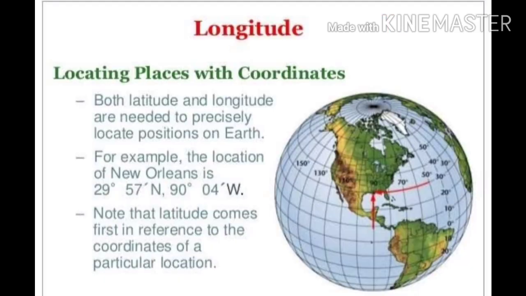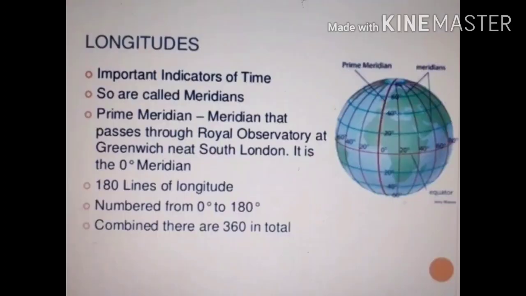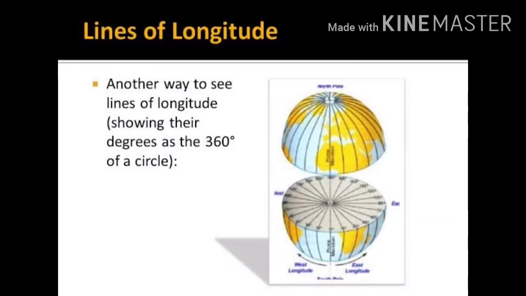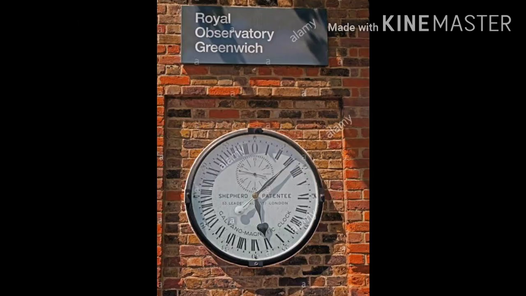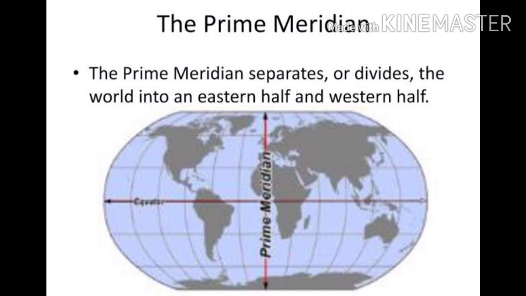Next, longitudes. Longitudes are the imaginary lines that run from the North Pole to the South Pole. Longitudes are important indicators of time, so they are also known as meridians. The meridian which passes through the Royal Observatory at Greenwich near South London is called the prime meridian.